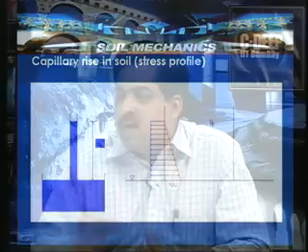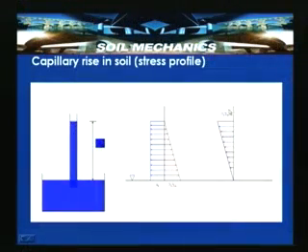That we will get here as something like this, where minus gamma W Hc is the negative pore water pressure here, and 0 at the free surface, and then below it continues to be positive again. If you look at this diagram, it looks like the part of the water above the groundwater table is under tension and the part below is under compression.